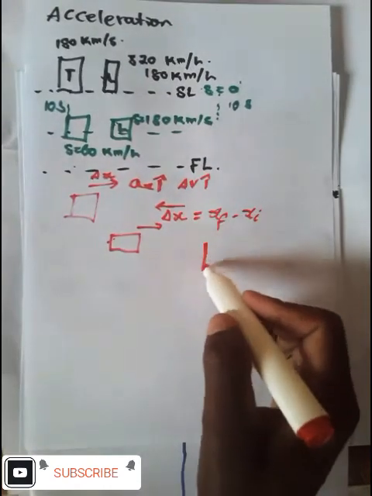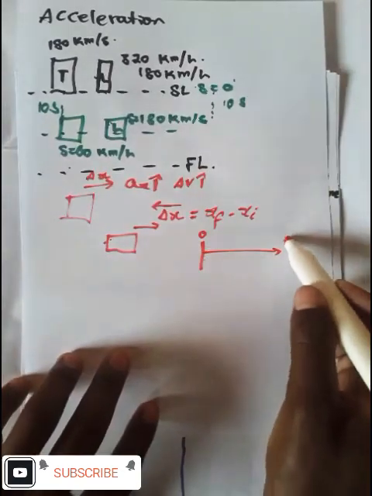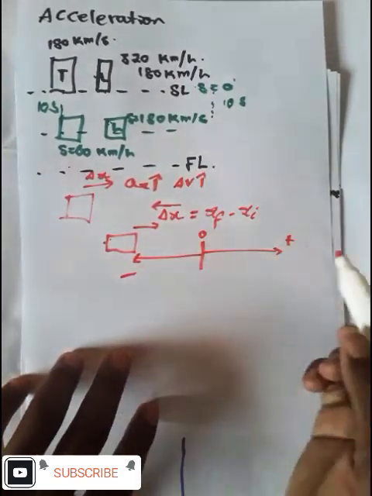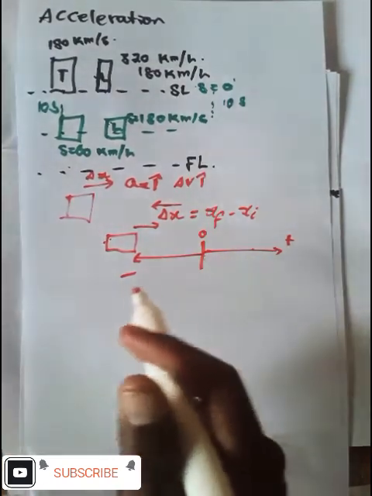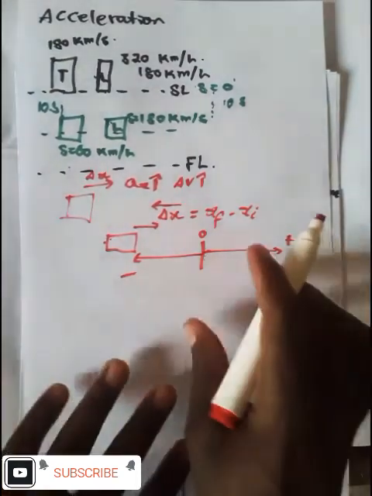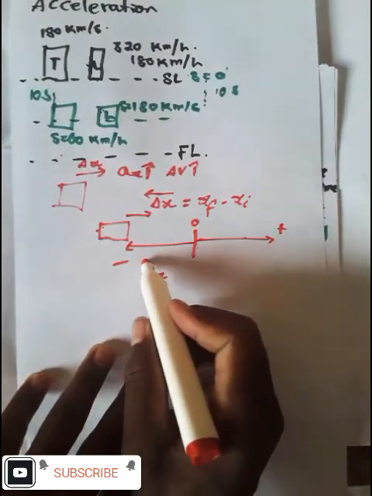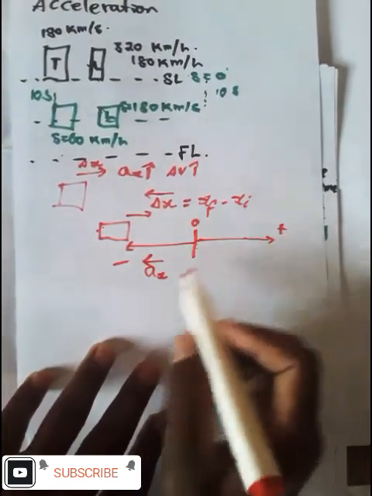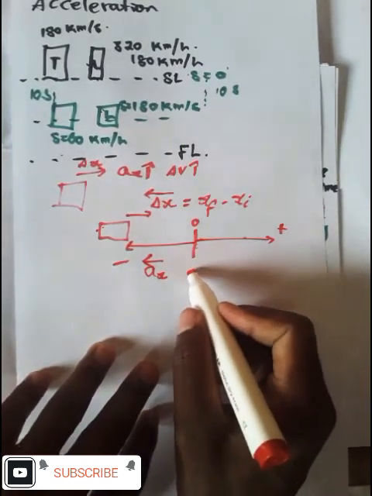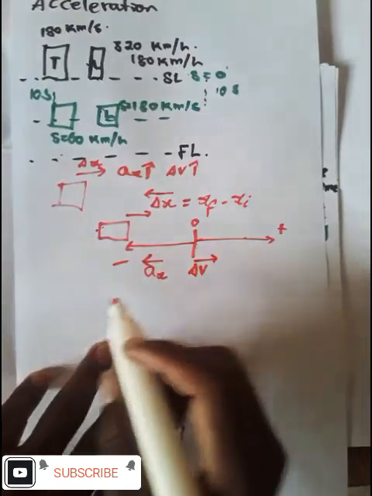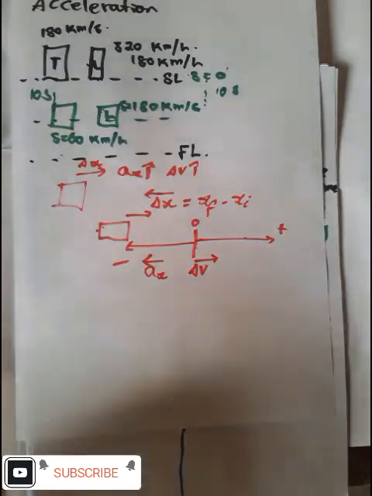If we say this is the zero point, then when you go to this side it's positive, and when you go to this side it's negative. So when you are going this way but decreasing the speed, you are slowing down, which means the acceleration points in the opposite direction. Velocity is still going to point in this direction. So when they point in opposite directions, just know that the car is decelerating.